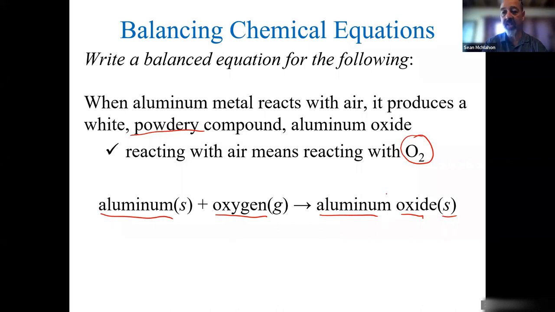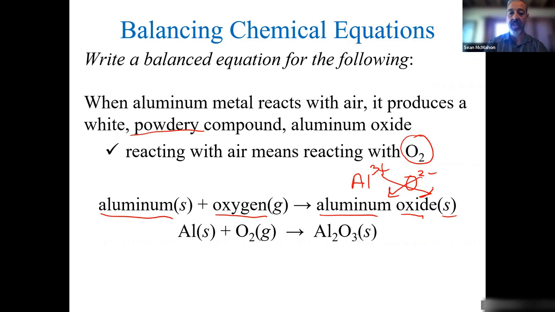So aluminum oxide means there's aluminum and oxygen. When I combine a metal with a nonmetal, it's ionic. I have to think of charges. So 3 plus, this is 2 minus. I have to crisscross to get the correct ratio. And that's where I get aluminum oxide is Al2O3.